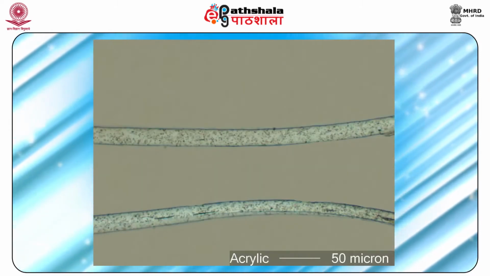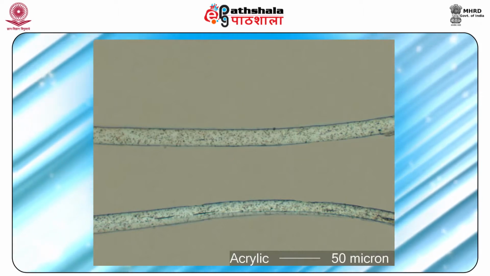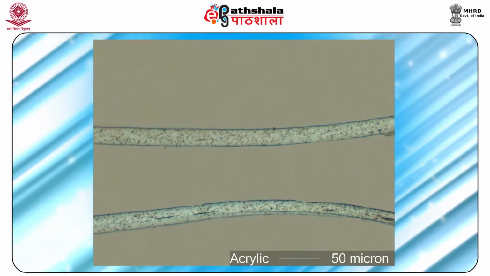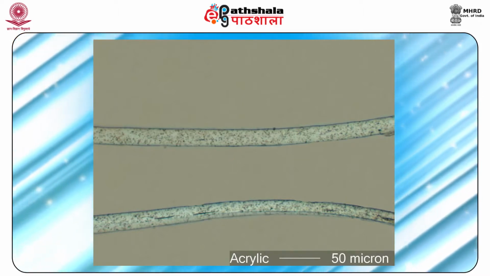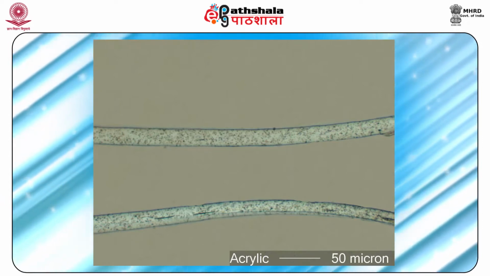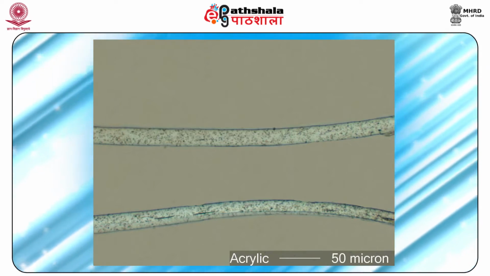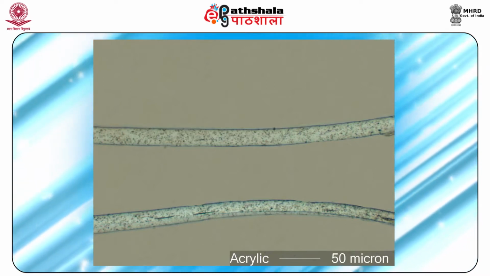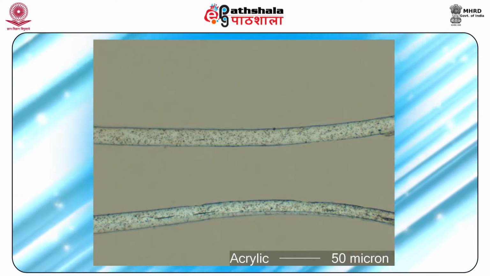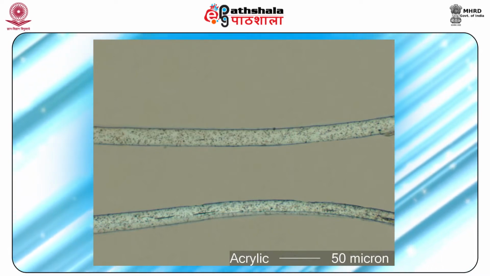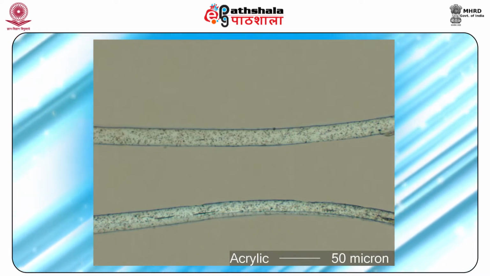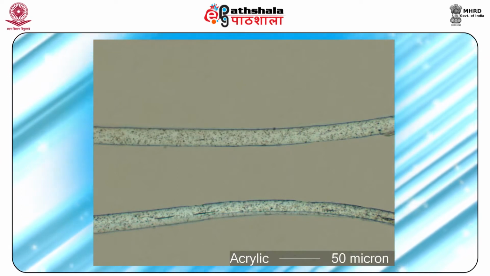Structure of fibers. Fibers vary a great deal in terms of size, with a range varying from 10 to 50 micrometers. 1 micrometer is equal to 1 millionth of a meter. 1 millimeter is 1000 microns long.